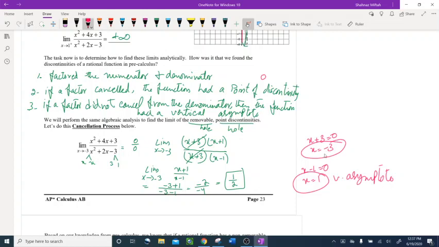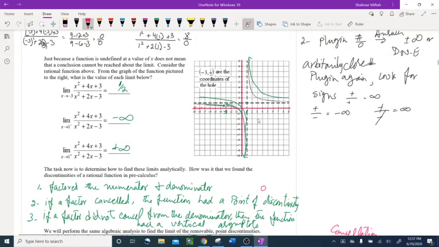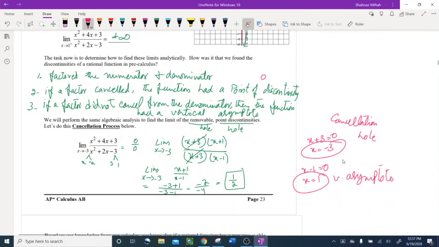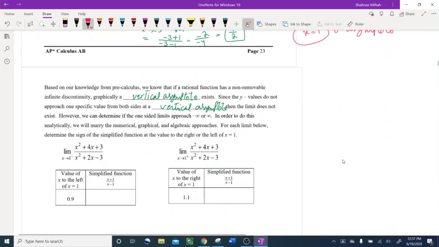Cancellation is going to give you a hole. I'm just going to write that. Cancellation going to give you a hole. Whatever is left in the denominator, you make the denominator equals 0. It's going to give me a vertical asymptote. Now look at this. I have a vertical asymptote right there, and it's x equal 1. So that's what it means, but we're gonna do it in detail.